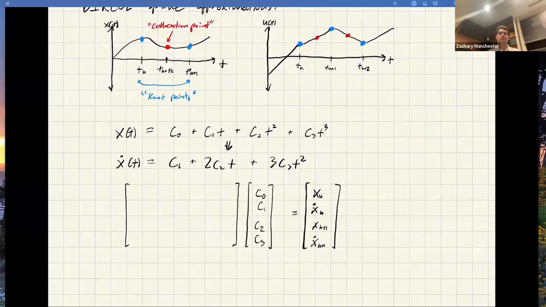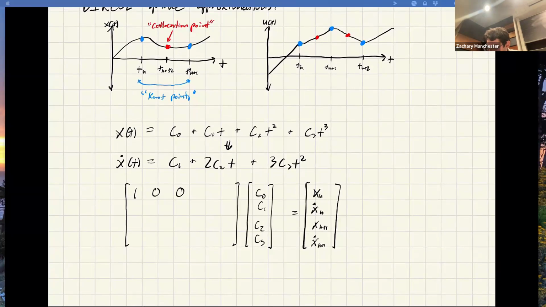So if I plug in basically t equals 0 and evaluate the x polynomial, it's just c naught. So that's super easy. So that's 1 and a bunch of zeros. So x_k gives me c naught. Similarly for x dot, if I know x dot k, so that's t equals 0, I plug t equals 0 into the x dot polynomial, and that just picks off c1. So I get this.